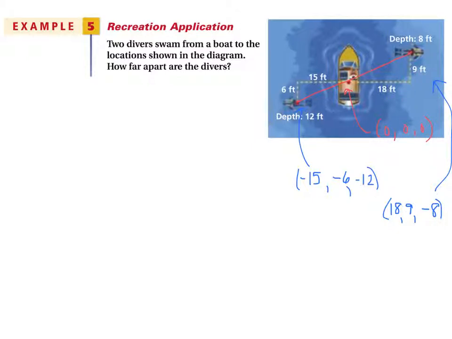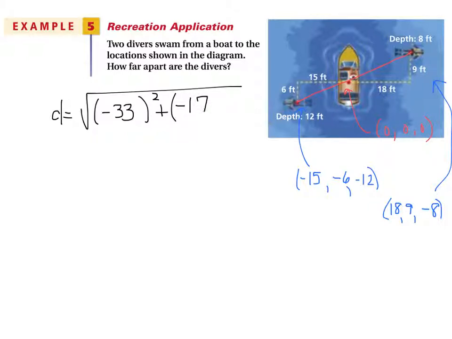So now, let's plug it into the distance formula. Subtract the x values. Negative 15 minus 18 would be negative 33 squared. Plus, negative 6 minus 9 would be negative 15 squared, plus negative 12 minus negative 8.